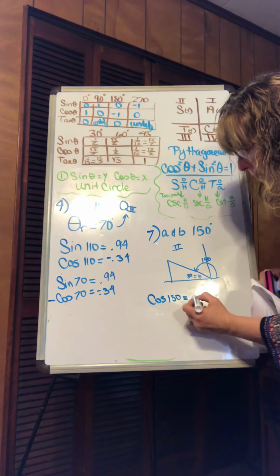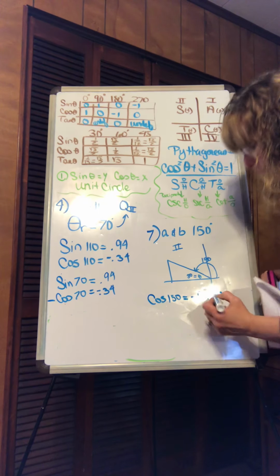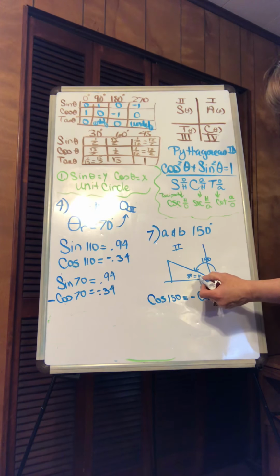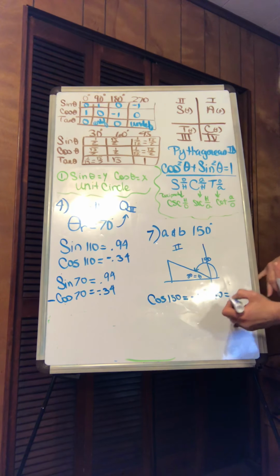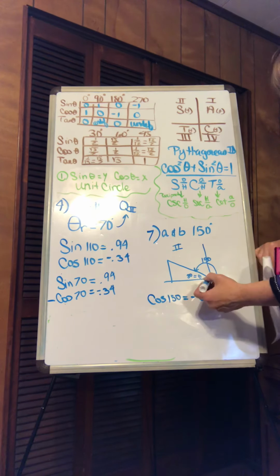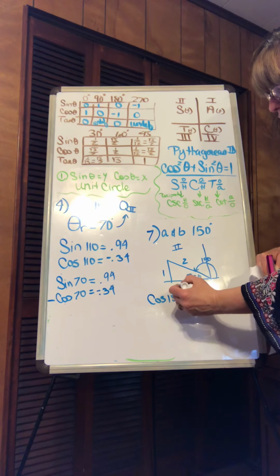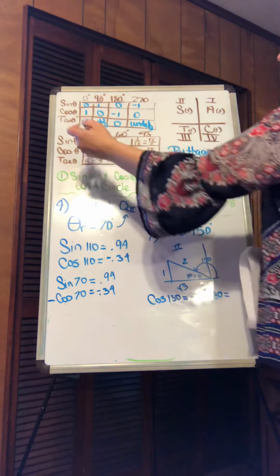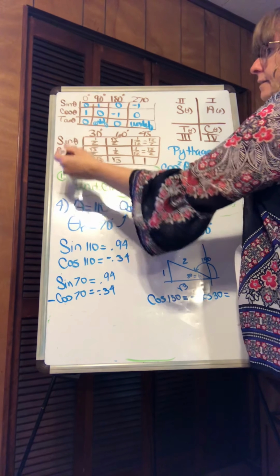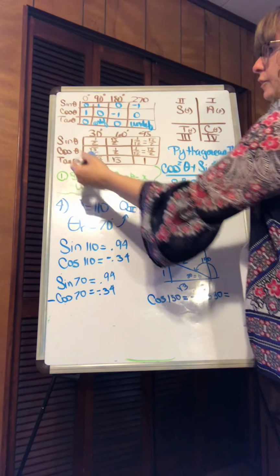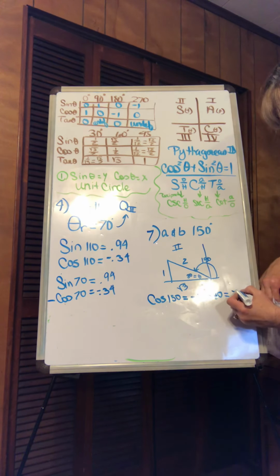This is now negative cosine of 30 because, again, reference angle of 30, quadrant 2 for cosine is negative. I can either draw out my triangle, opposite of 30 is 1, 2 with the hypotenuse, radical 3, or I go to my chart. And my chart says the cosine of 30 is radical 3 over 2. So, negative radical 3 over 2.